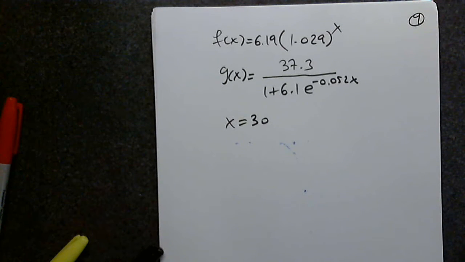Please make sure you put parentheses around the denominator. 1 plus 6.1 times e raised to, in parentheses please, negative 0.052x, close the parenthesis, come down and close the parenthesis for the denominator. And then we go to second in table, and we want to plug in 30. So the first answer is 14.6, and the second function, g, is 16.